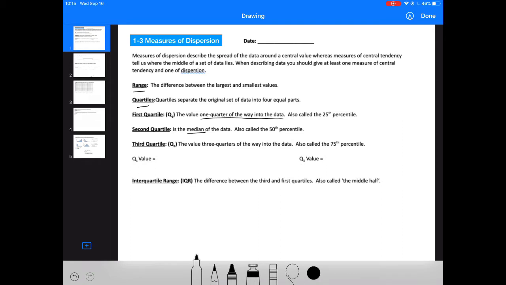The third quartile is the value 3/4 of the way into the data. You can think of the Q1 value as the median of the lower half, and the Q3 value as the median of the upper half.